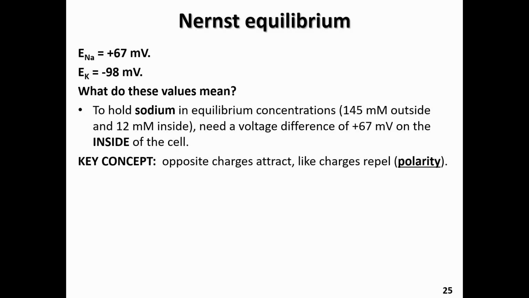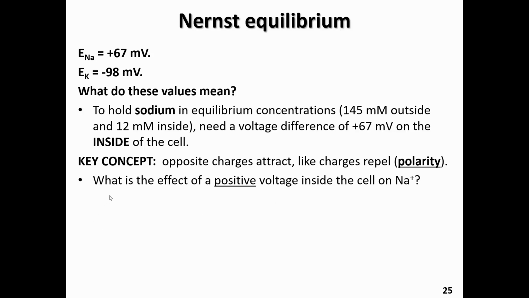The key concept here in understanding this is that opposite charges will attract, so positive and negative will attract, and like charges will repel. This is what we refer to in terms of polarity of a cell. That's the positive or negative.